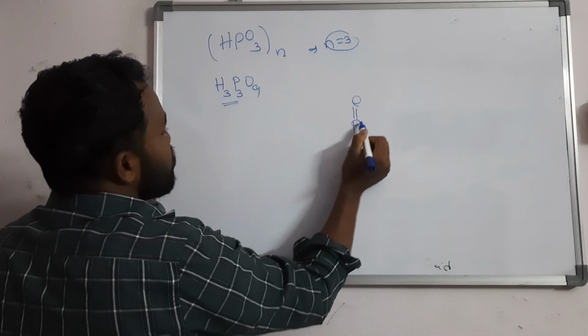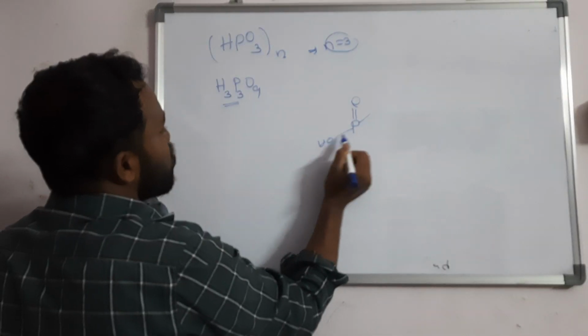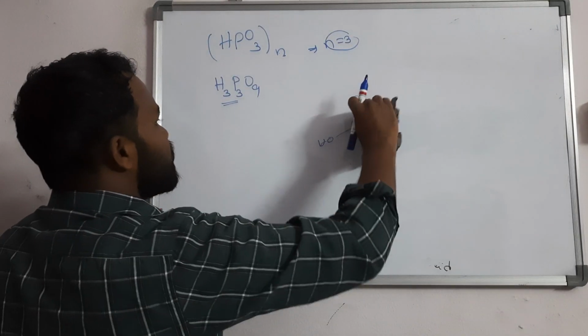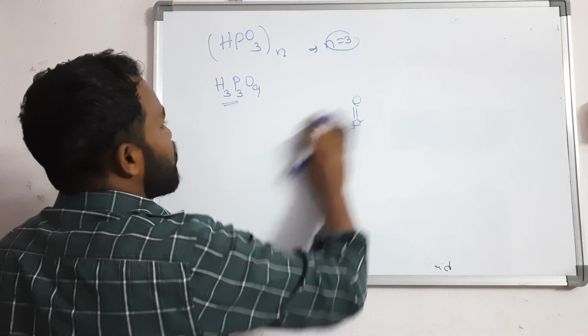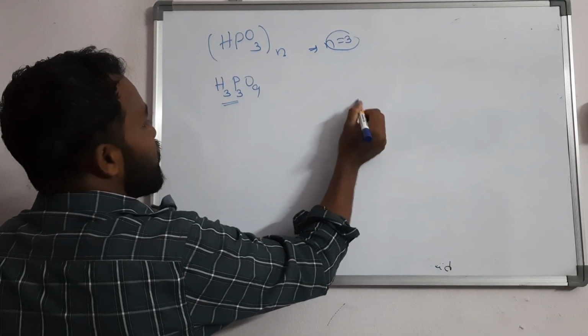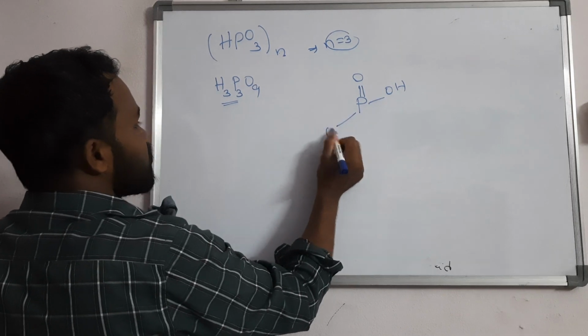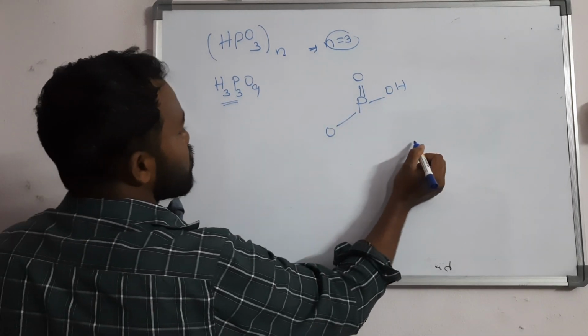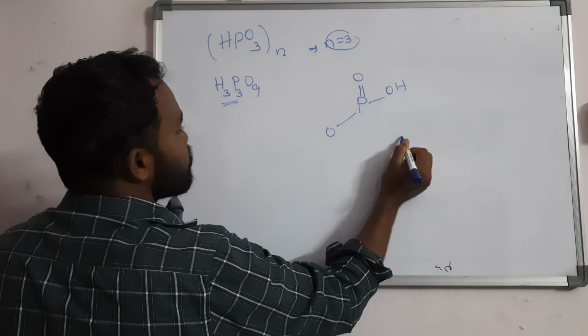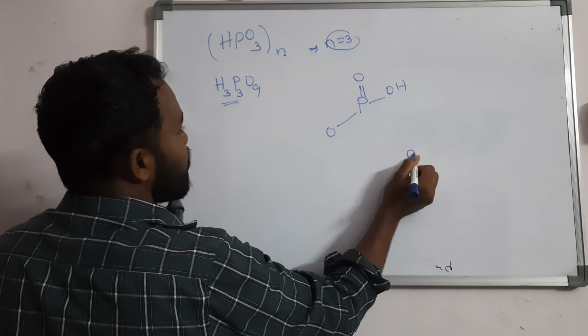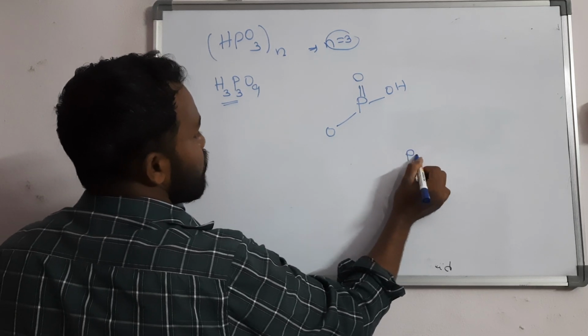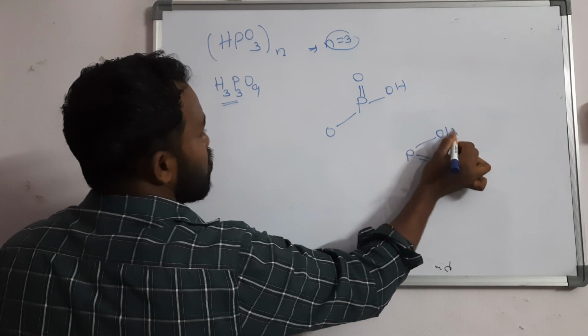P double bond O, OH and O, right? So this exists as a polymer. For this structure you should write P double bond O, OH and one oxygen, right? For another mole, you get the same: P double bond O, OH, one oxygen.